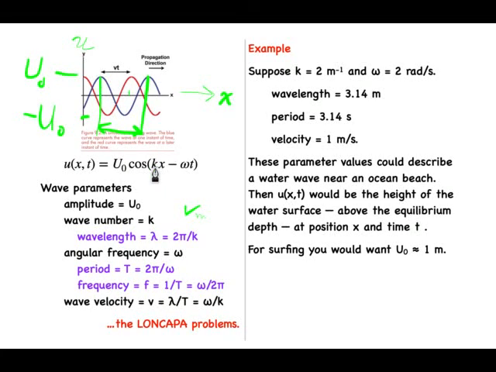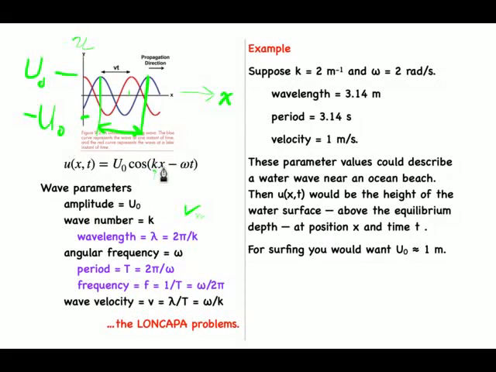Now, you know the behavior of the cosine is, if I change the argument of the cosine by 2 pi, I'm back at the same value of the cosine. In other words, if I add 2 pi to this value, I'll be back to the same place on the cosine function. So if I change kx by 2 pi, I go from the crest to the next crest, or the trough to the next trough.